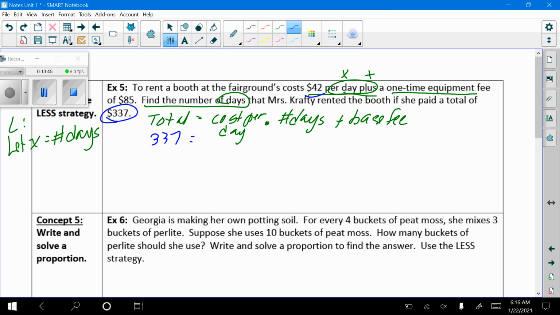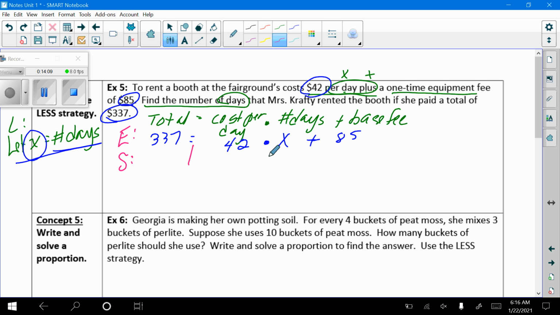The cost per day is $42. Number of days, we're going to say, is x, plus a base fee or a one-time fee of $85. So there's my equation. And now we can solve it.